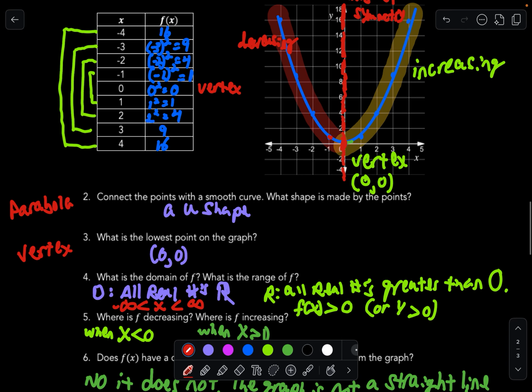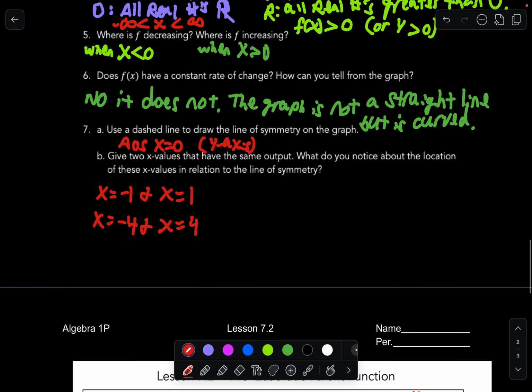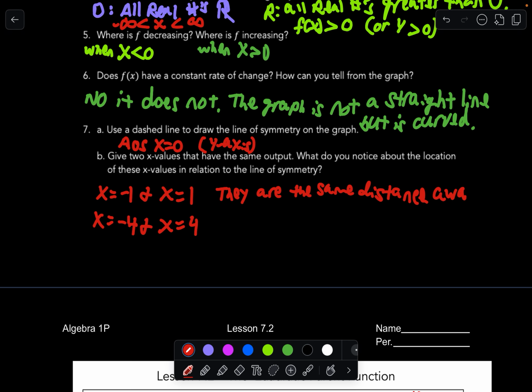Because if you look at this, there's -4 and 4. What do you notice? That they are the same distance away from the axis of symmetry, the line of symmetry.